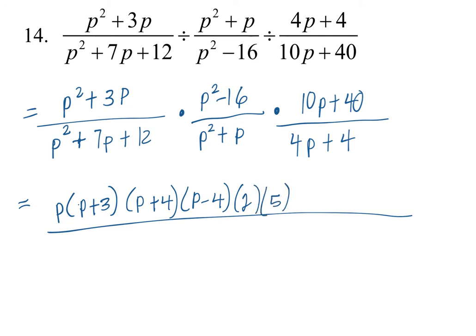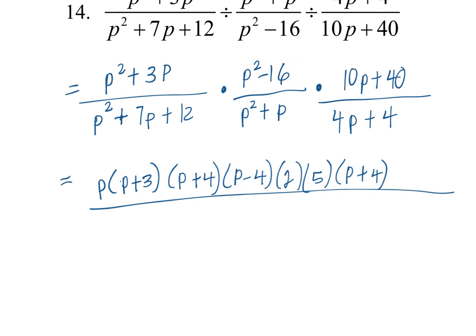And if you factor out a 10, you're left with p plus 4. Factors of 12 that add to give you 7. P plus 3. P plus 4. 3 and 4.